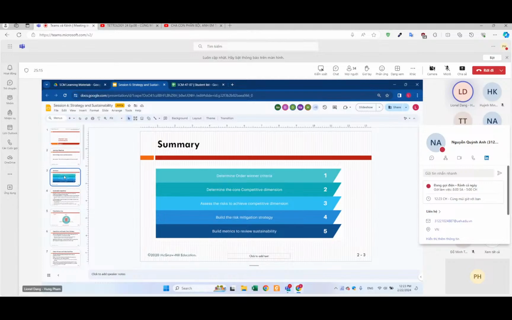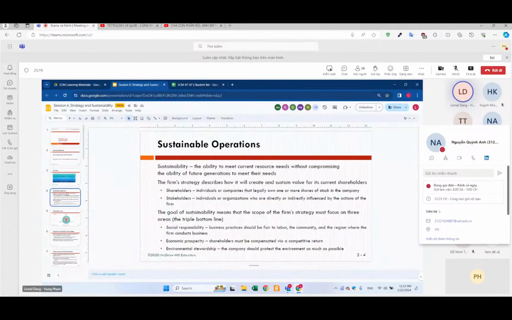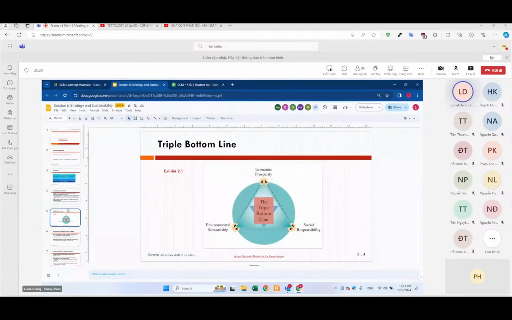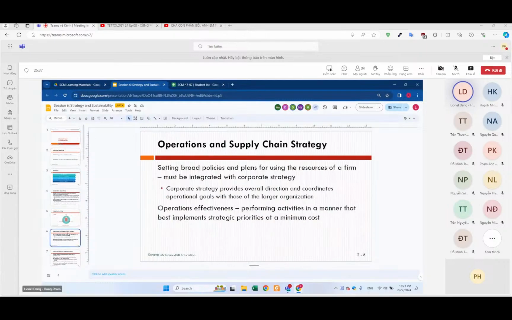Group CM1, you should go for slides number 4, 5 and 6, to define how the operations can be deemed to be sustainable.